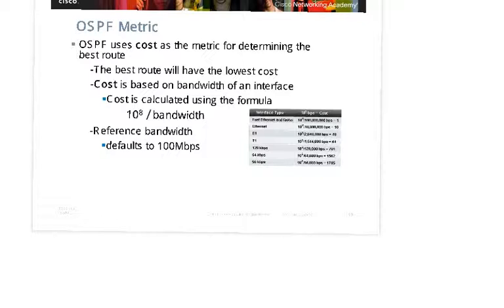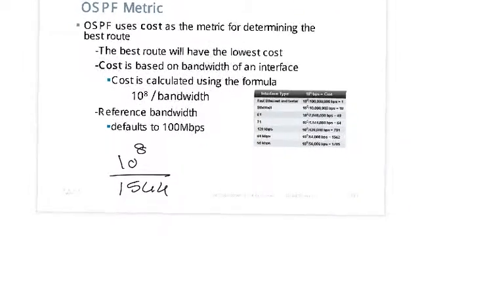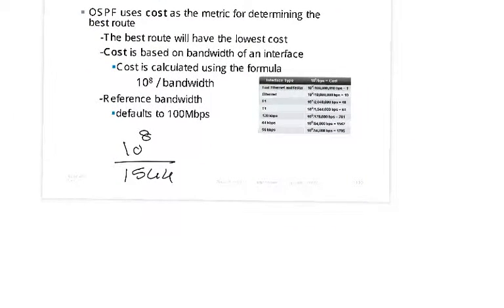So if I want to calculate, for example, the cost for a T1 link, it's simply 10 to the power 8 divided by 1544. As simple as that. So that's the cost.